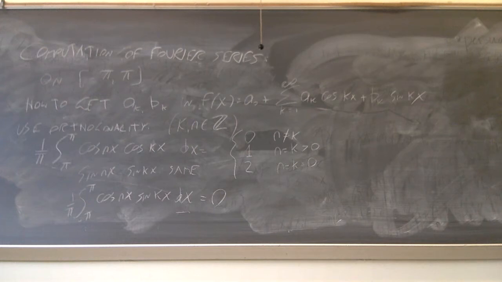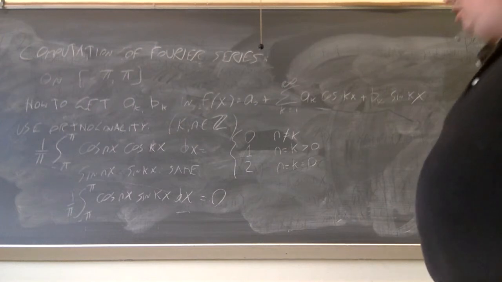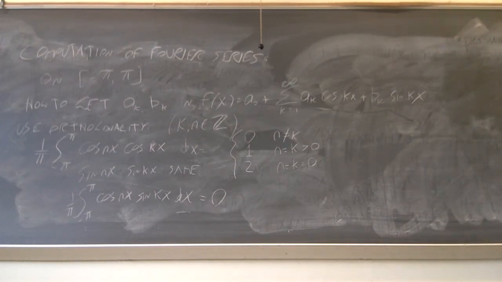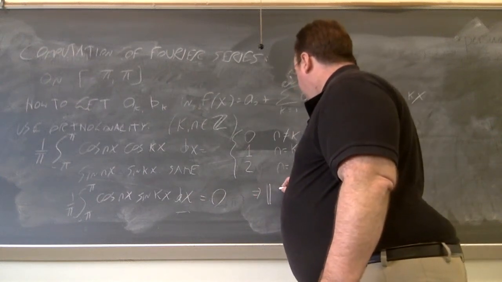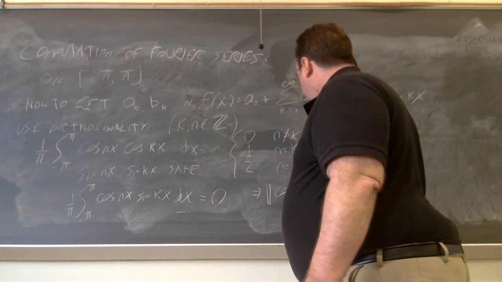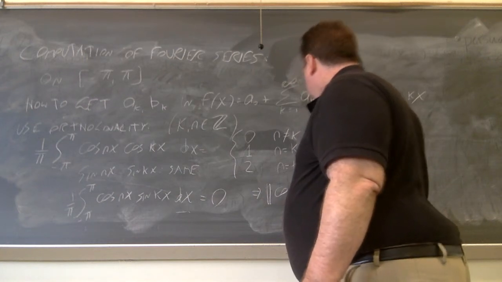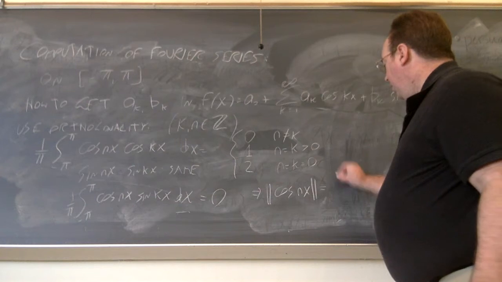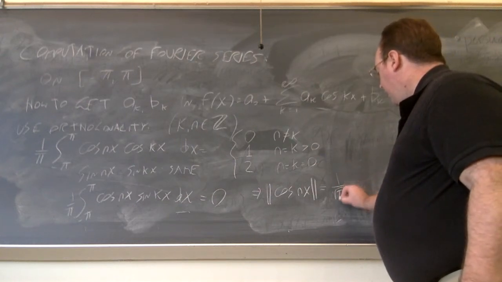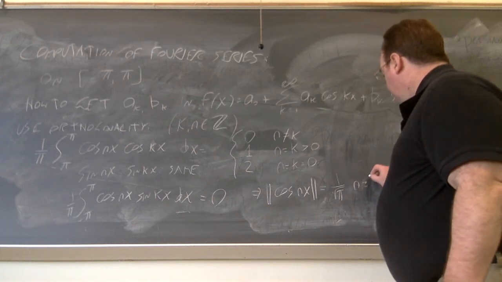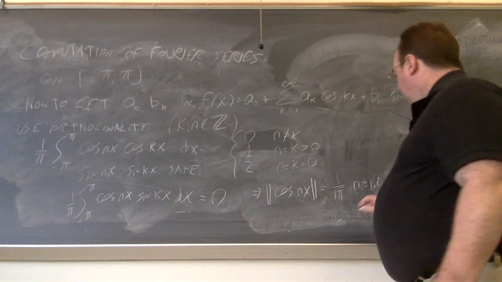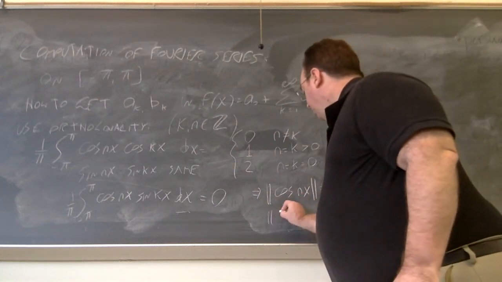Okay. So now what that means is, these functions are orthogonal, not orthonormal, but that's okay because knowing it's orthogonal, all we have to do is normalize them. So what this says is the norm of cosine nx is equal to the square root of pi, and also the norm of sine nx.